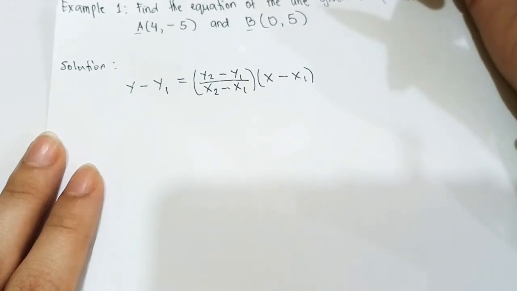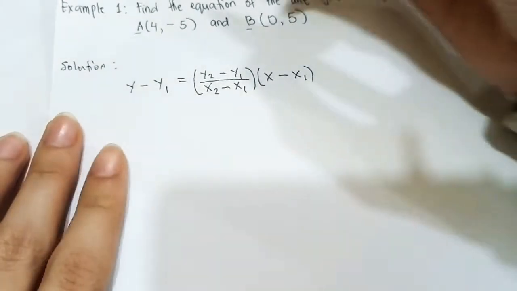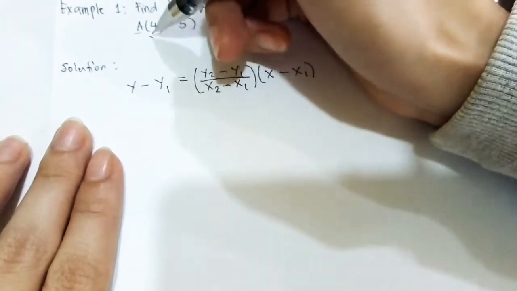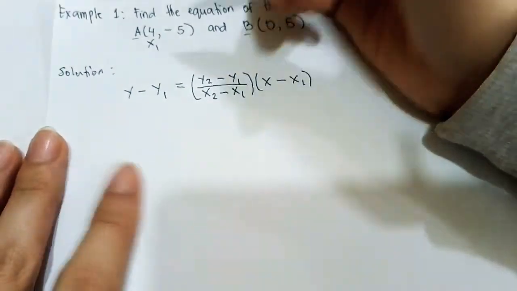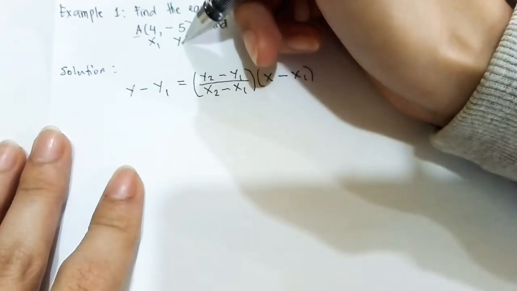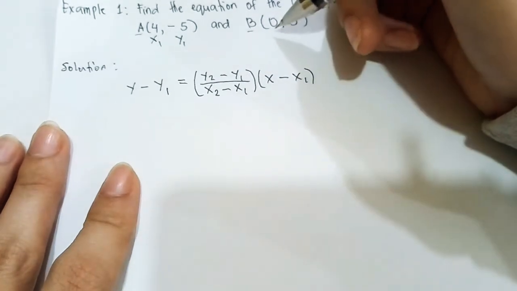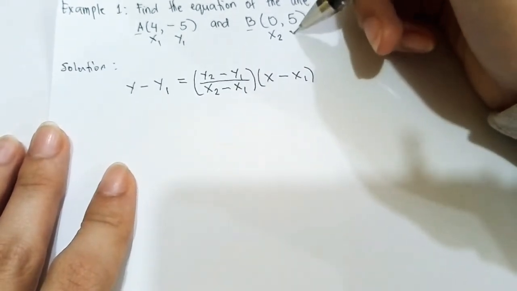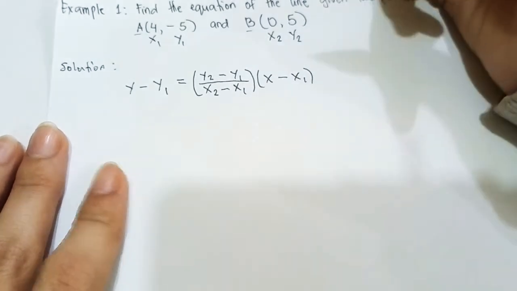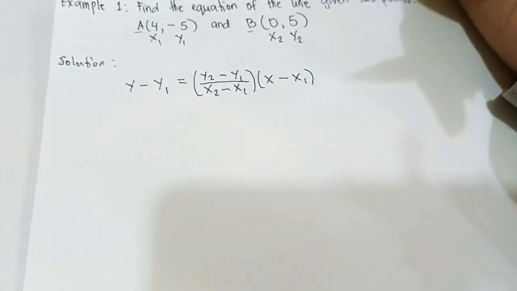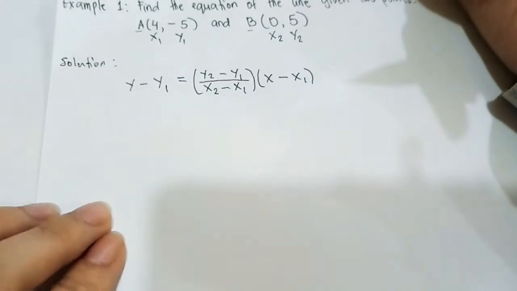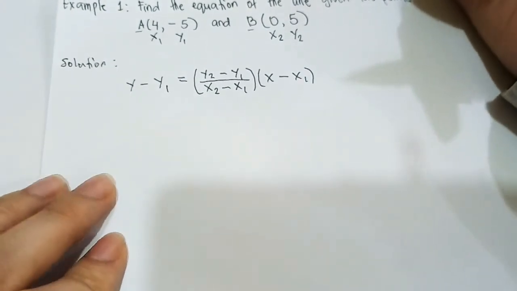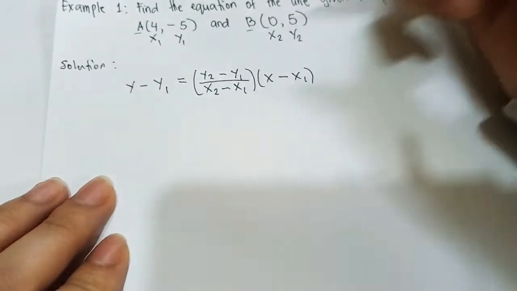Next, we are going to substitute the values. So 4 will be x sub 1, negative 5 is the y sub 1, 0 is x sub 2, and 5 is the y sub 2, or the y coordinate of the second point.